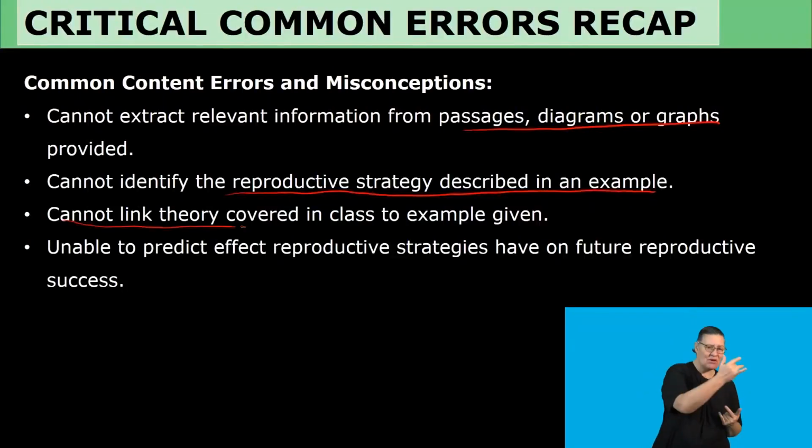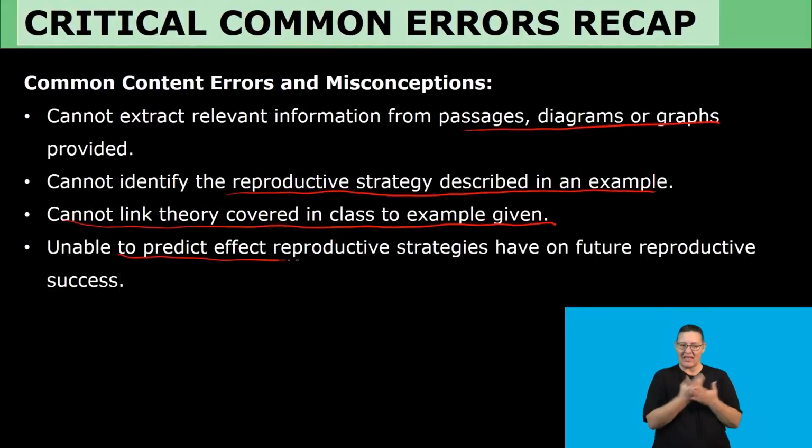Cannot link the theory covered in class to explain examples given. Now examples were given, we're able to link the theory. And learners were unable to predict the effect reproductive strategies have on future reproductive success. We are now able to outline all the critical common errors that were there before we started our session.